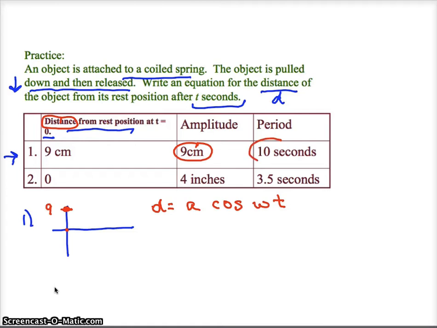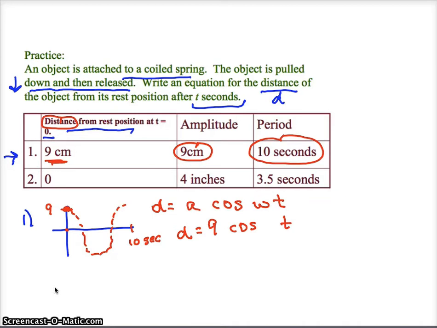The period is 10 seconds in length. So I know that it should go through a full cycle of cosine in 10 seconds. Let's use this to write our equation. So d is equal to, remember A comes from our amplitude, and because we're starting at positive 9 centimeters before it's pulled down, A will be positive 9. Cosine of omega times t. Well, remember that omega is just replacing b.